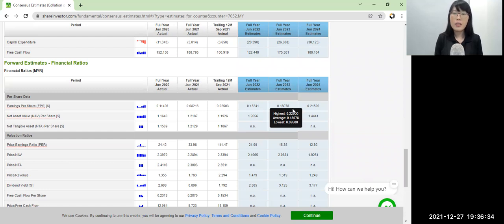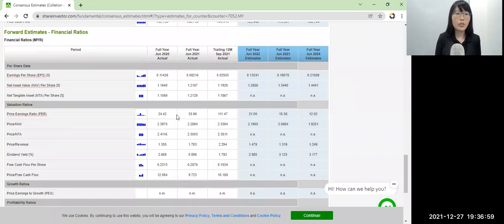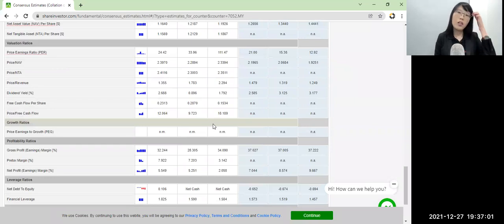Okay, and in year 2024 the earning per share is estimated to get 21.50. So it also can tell you all the consolidated analyst consensus in one table for you. Next, you also can see all the forward estimate ratios and so on. All these forward estimates are here.